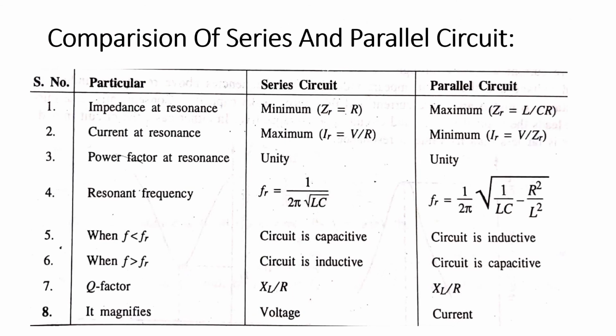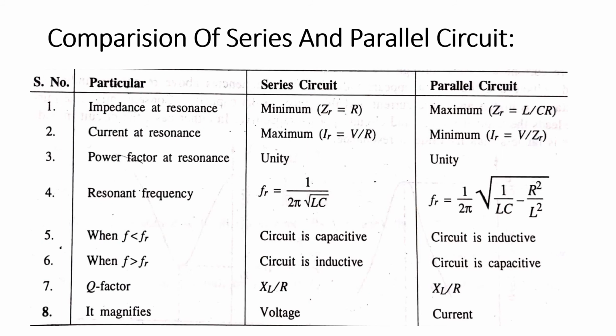Now, we have studied the series and parallel circuits. Here is the comparison between the series circuit and the parallel circuit. Serial number 1, impedance at resonance. In the series circuit, impedance ZR equal to R. In the parallel circuit, it is maximum and ZR equal to L upon CR. Second, current at resonance.